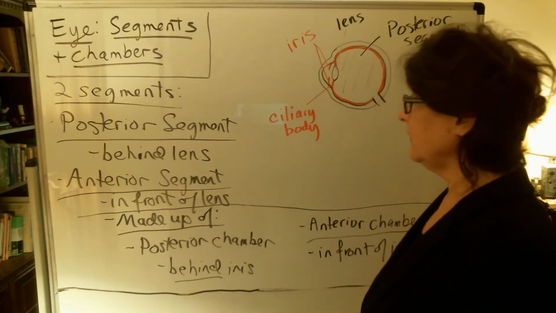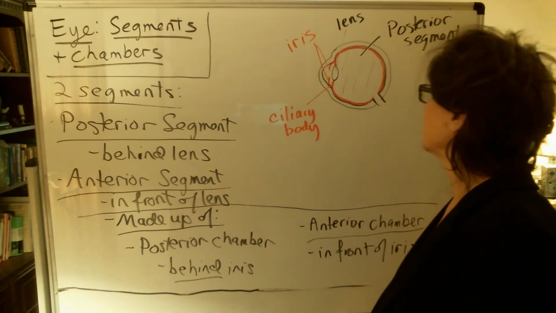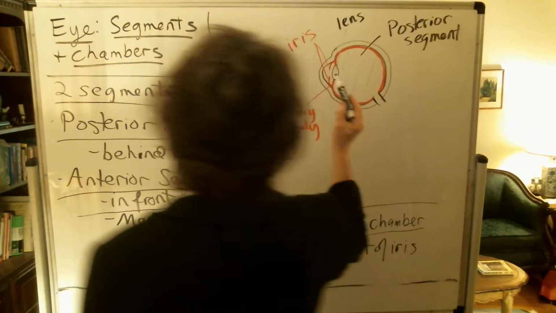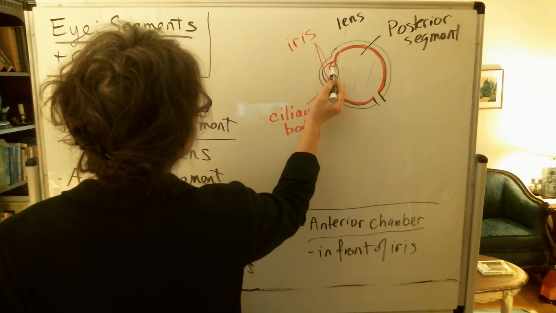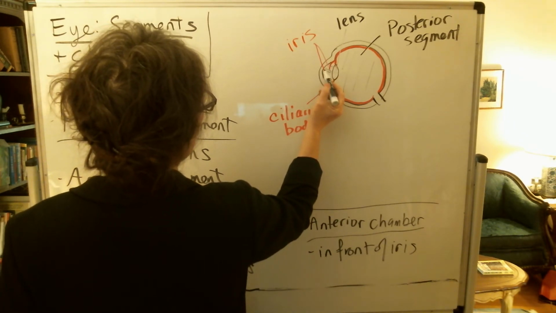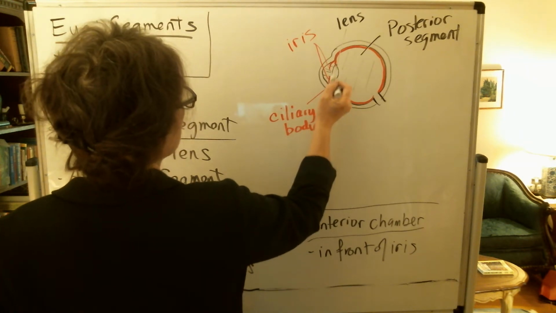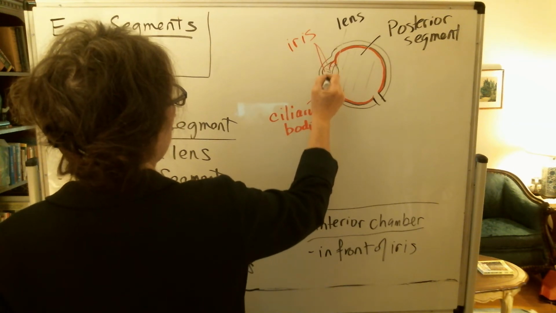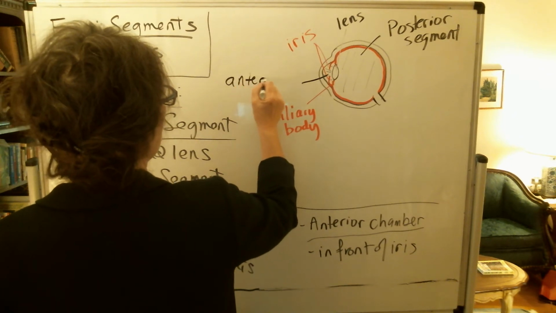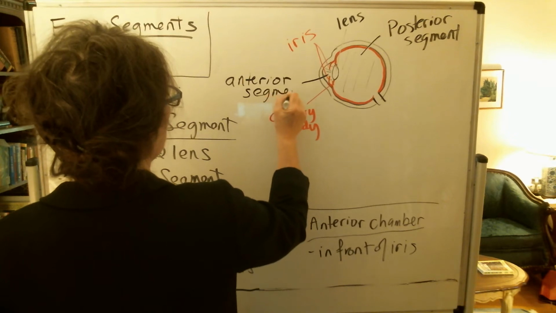Then we have the anterior segment in front. That's what we're going to do here, since I made this with some little lines going that way. Let's just say here, all of this then, all of that whole area, then all of this is the anterior segment.